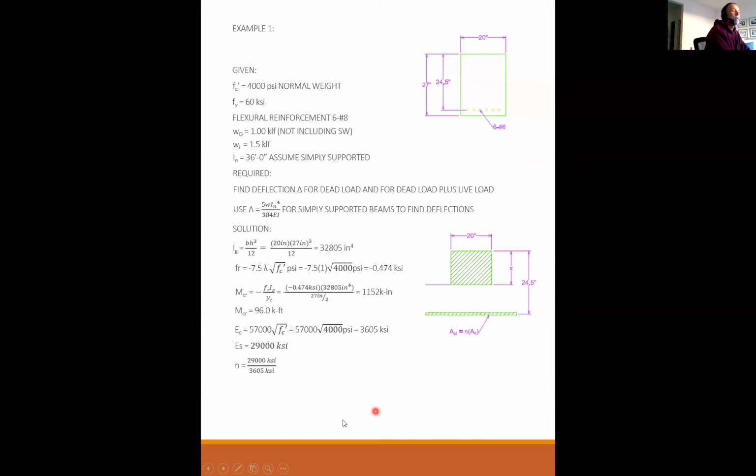So we need to find the modular ratio. 29,000 over 3,605 is 8.04. So the area of steel is 6 times 0.79, 6 number 8s, is 4.74 inches squared. The transformed area of steel is this times the modular ratio. So 8.04 times 4.74, 38.11 inches squared.